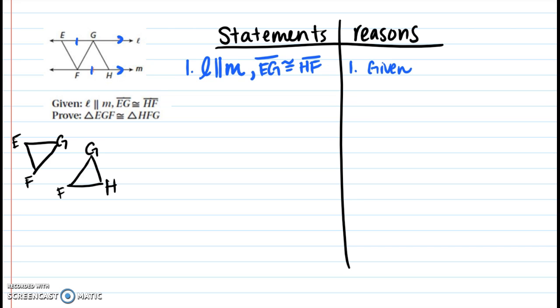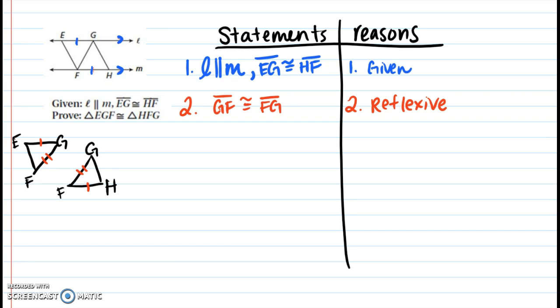And so now looking at that figure that we're given, I can see that the next thing that I want to prove is that I have another side length in each triangle that I can say is congruent. We already know EG and HF are congruent. I can also say that FG and FG are congruent in both of those triangles. So I'm going to say that GF is going to be congruent with FG. We know that this is true because of the reflexive property. I'm just going to write reflexive over here.